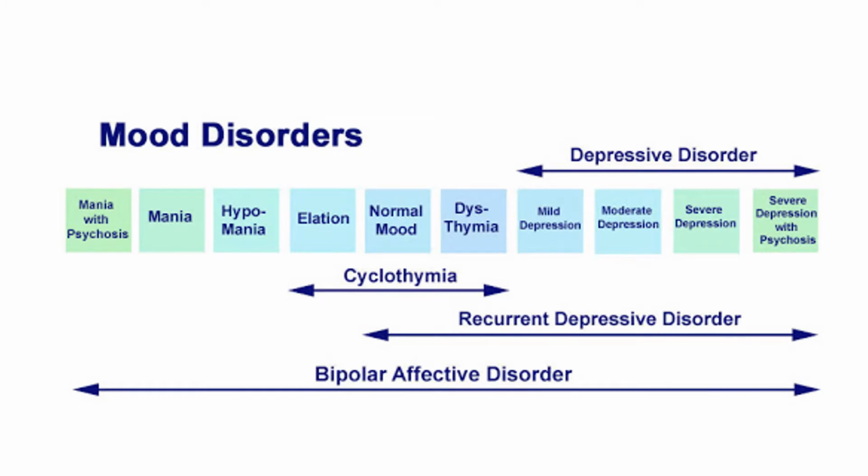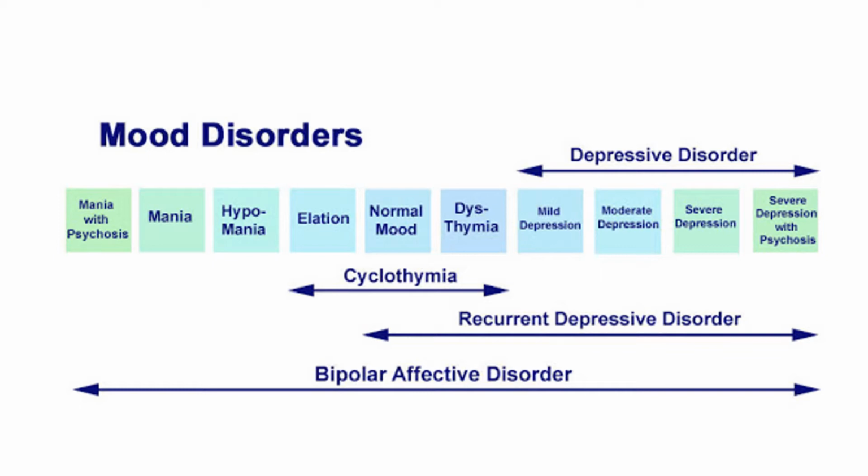Okay, so this slide we've looked at in the previous module, just showing you the spectrum of mood disorders. Remember, anxiety is not a mood disorder. If we look in the middle at normal mood, we have on each side of it dysthymia or elation. Dysthymia is a bit of a low mood.